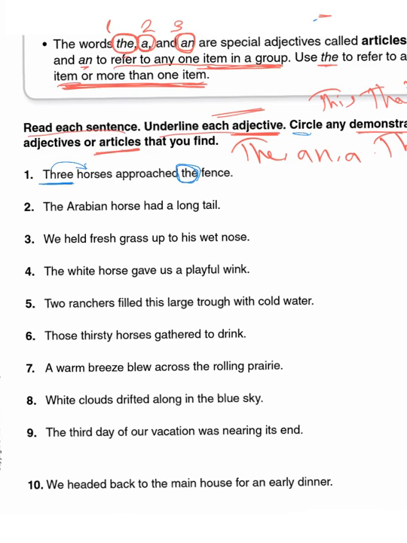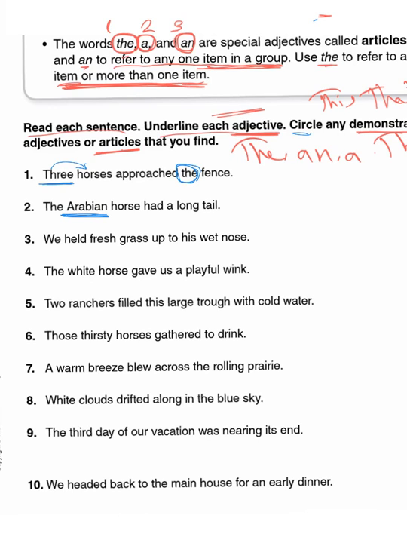Sentence 2. The Arabian horse had a long tail. You know that Arabian horses are the best kind of horses around the world. So the Arabian horse. I have the, then Arabian horse. Now, Arabian horse means that this horse is from an Arab country. So, what about this adjective?